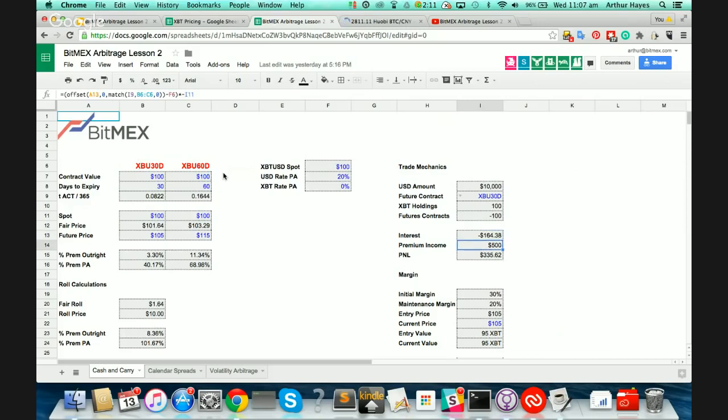The premium income is the difference between the futures contract and the underlying spot price. And this is $500. The difference of which is your profit. Now, this profit will not be immediately realized. You'll have to wait until the futures contract expires to actually realize this $335. So you put on the trade, then you wait 30 days, and now you'll have $335.